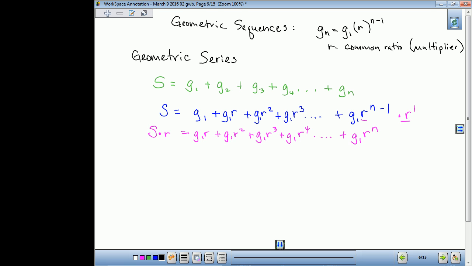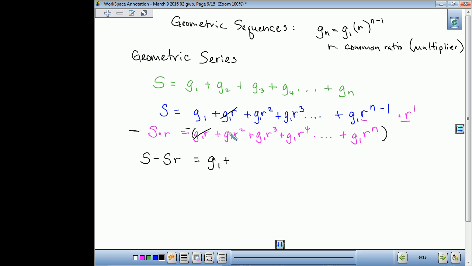Now, instead of adding, today I feel like subtracting. And there's a reason why I feel like subtracting. So when I take this minus this, it doesn't cancel. It gives me s minus sr. Then g sub 1 minus, well, there's no g sub 1 in the second line, so I keep g sub 1. But here I have a g sub 1 r, and I'm subtracting away a g sub 1 r, so don't those cancel?